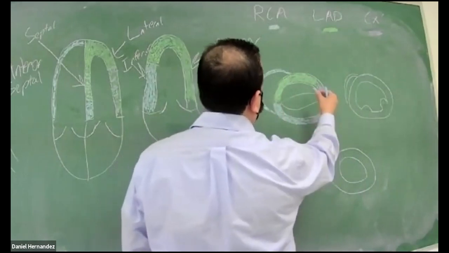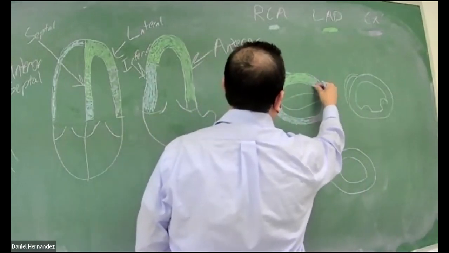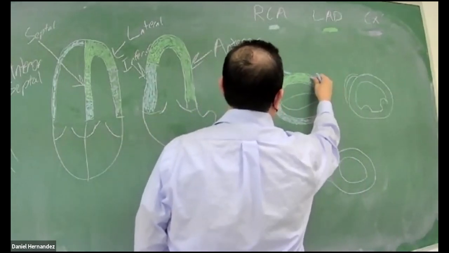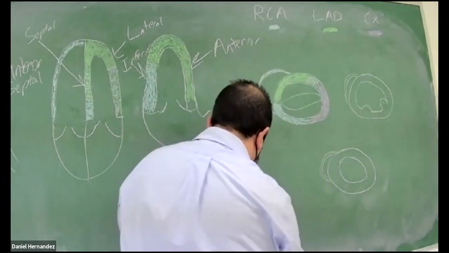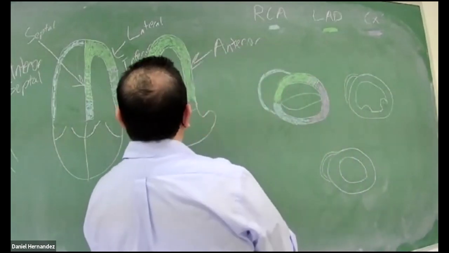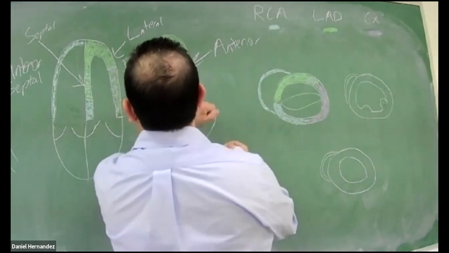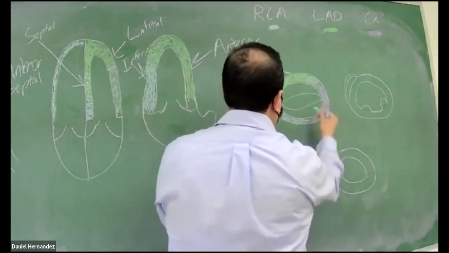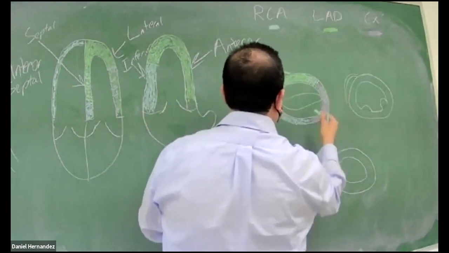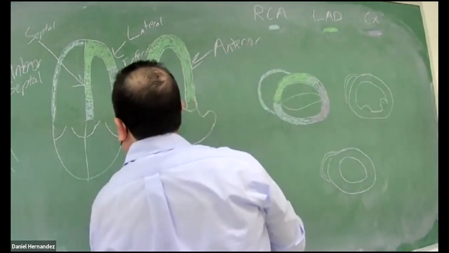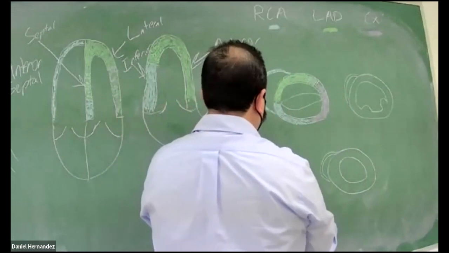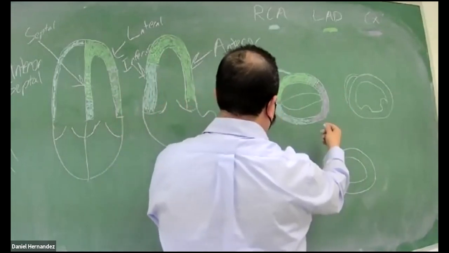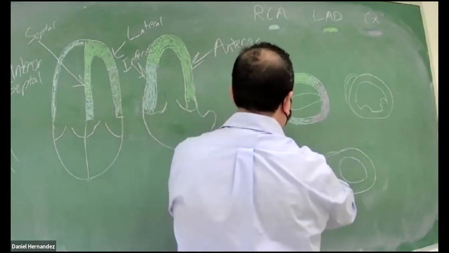There are some areas where you can have either, along the anterior or lateral walls, as well as when you transition between the posterior and inferior walls.